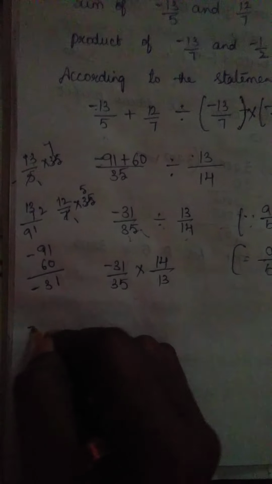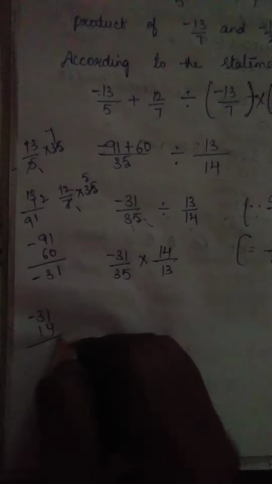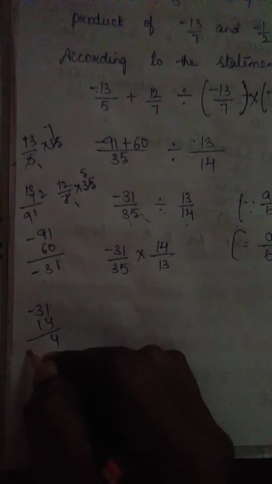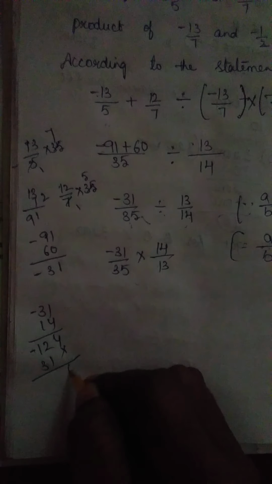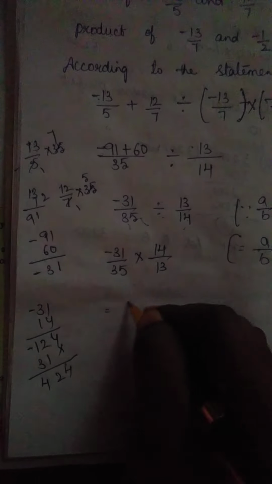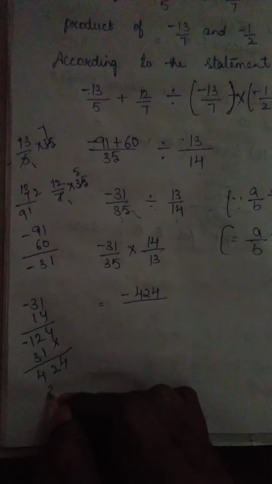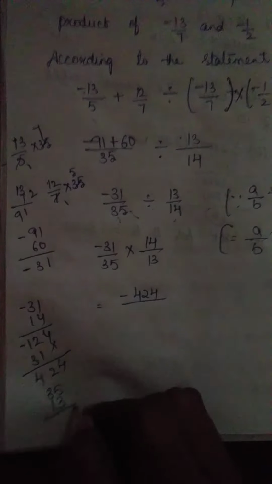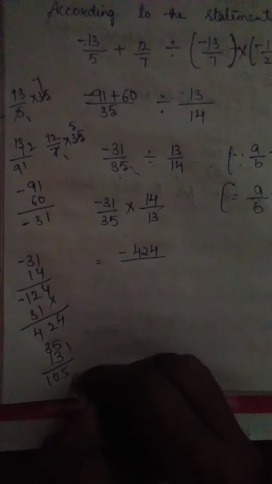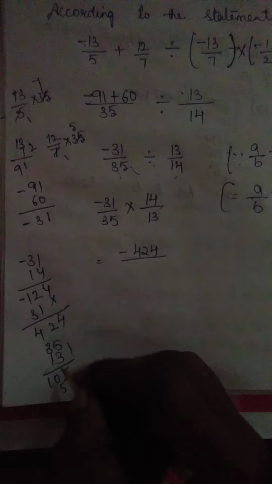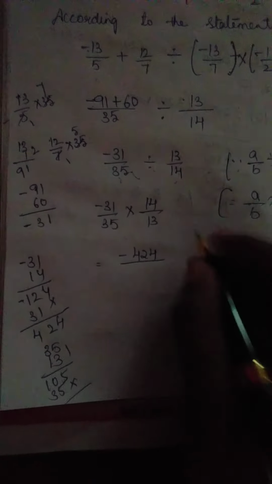Now do multiplication. Minus 31 into 14: 4 ones are 4, 4 threes are 12, 1 three is 3, 1 one is 1, giving 434. Sorry, that means minus 434 divided by 35 into 13. 5 threes are 15, 3 threes are 9 plus 1 is 10, 1 five is 5, 1 three is 3.